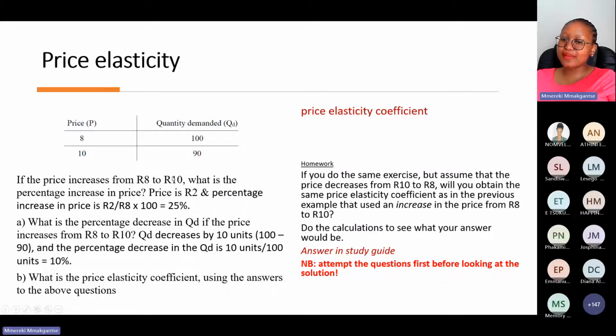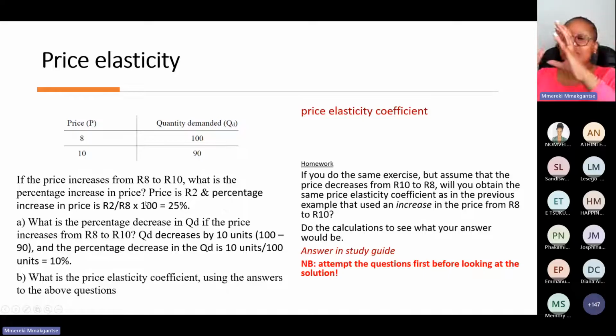The way I understand it, if I calculate the change in price, the current price is 10 rand. Remember, according to this, the current price is 10 rand. So you say current minus initial. The initial price was 8 rand. So current minus initial over initial.